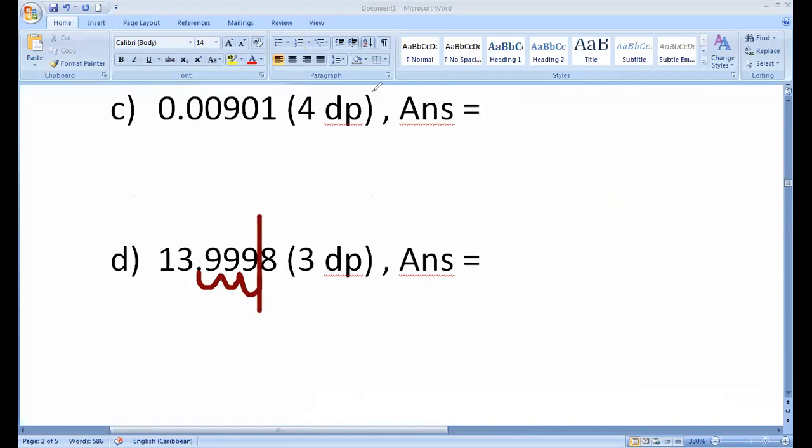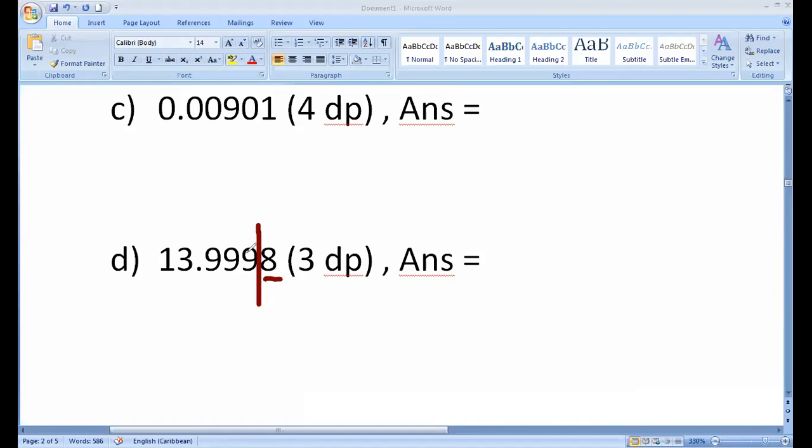Are you following so far? Yes. Now we examine the number to the right. Is that number greater than or equal to 5? Yes, so we add 1 to the number on the left. But guess what?